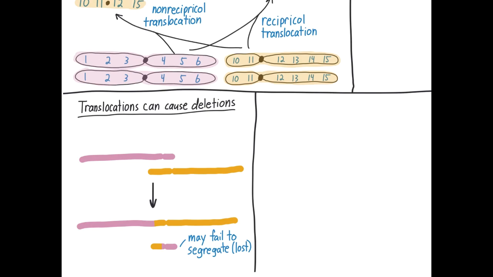So the cell is left with a large chromosome that has genes from both chromosome types, but that is missing the genes that were on the two small fragments. This type of translocation is called a Robertsonian translocation, and as we'll see in a later video, it can be responsible for a form of Down syndrome.